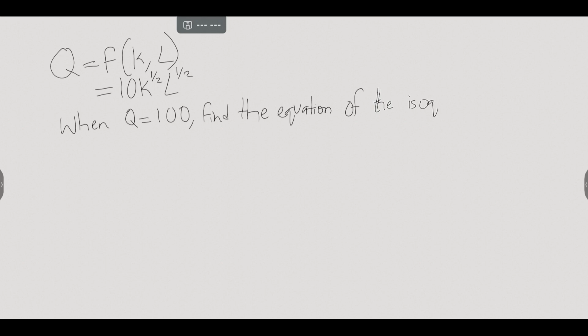The formula for the slope of the isoquant is change in input x over change in input y. In this case, change in input k over change in input l. Just like the slope of the indifference curve is the marginal rate of substitution, the slope of the isoquant is the marginal rate of technical substitution.